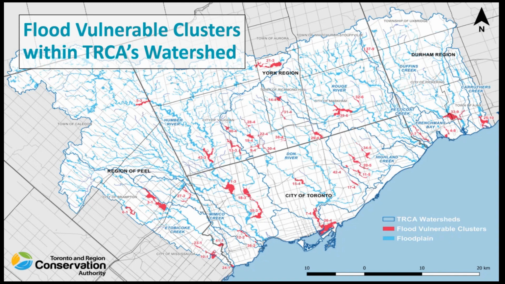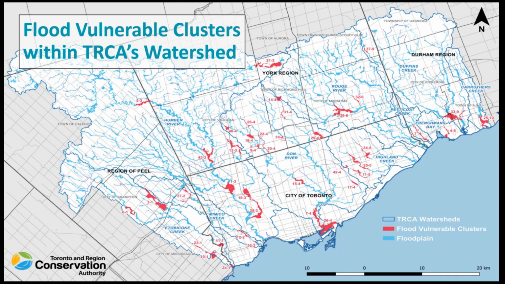This could include emergency planning, green infrastructure or low impact development practices cited throughout that cluster, and/or hard engineering practices such as dikes, dams, or flood berms located within that associated cluster.